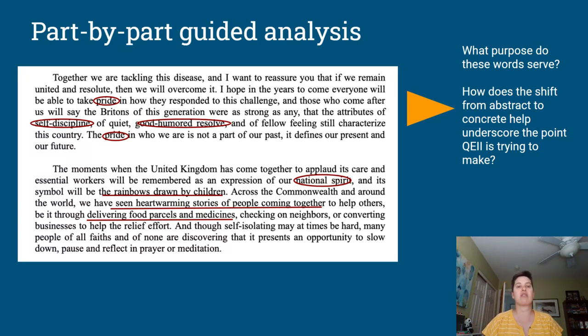She gives us the concrete examples at that point. The rainbows drawn by children, telling the heartwarming stories of how people are coming together, and also the delivering of the food and the medicines. She continues to go on, checking on neighbors, converting businesses to help a relief effort. So she starts with the abstract to tell us that this is the goal that she is hoping her subjects will reach, but she then changes it to concrete ways of accomplishing those abstract goals.